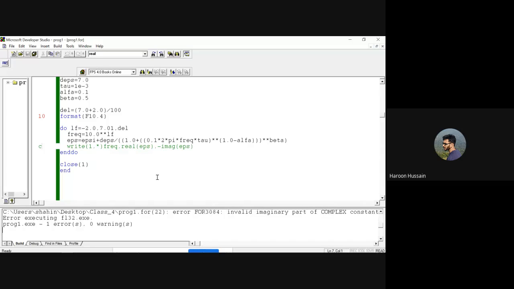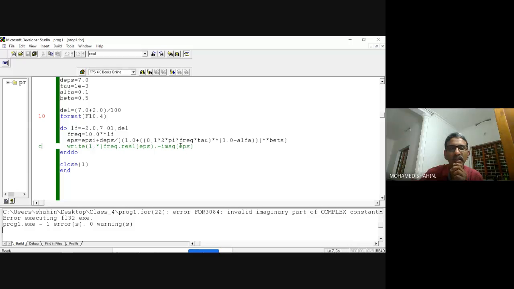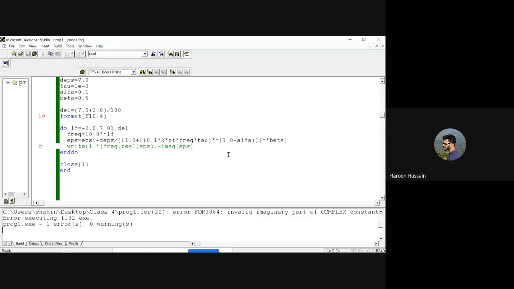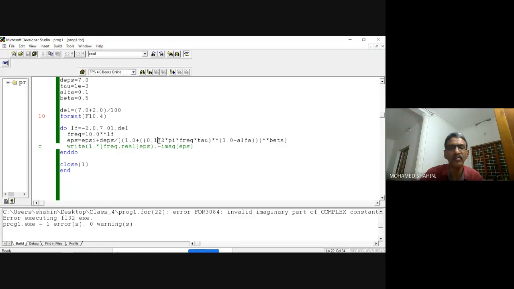What are bracket 0 1. Okay, imaginary? Okay, that has been missing. Okay. Yeah. Now let us see if things are getting rebuilt all again.